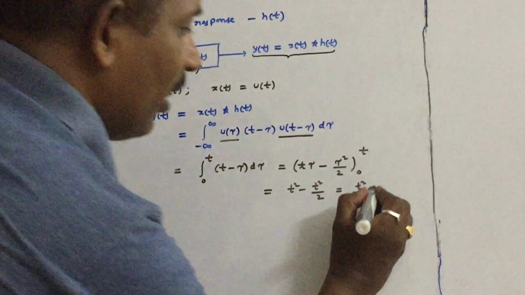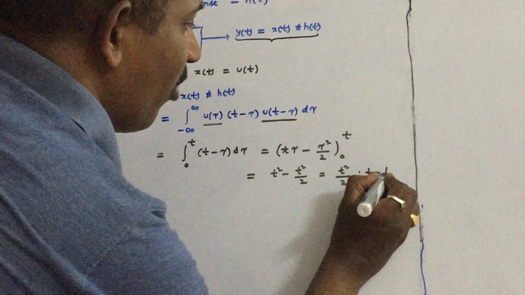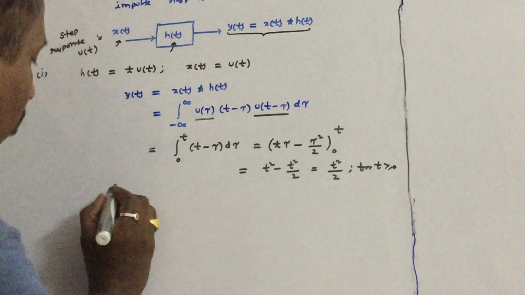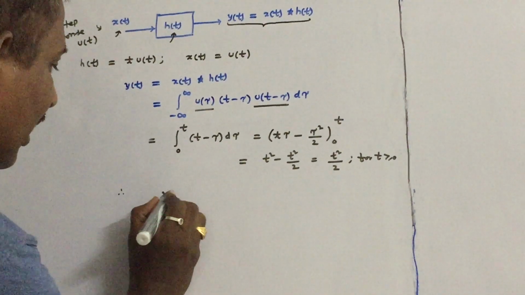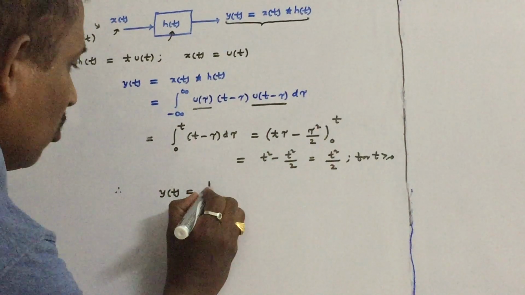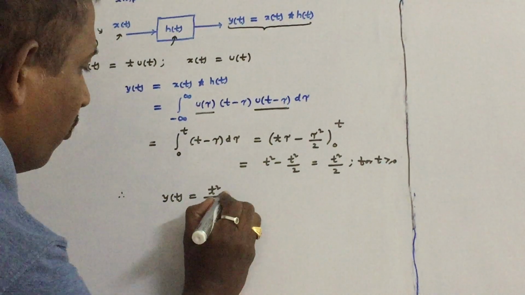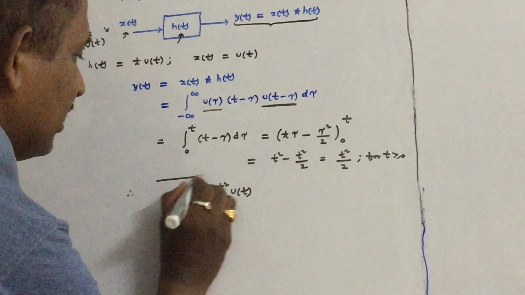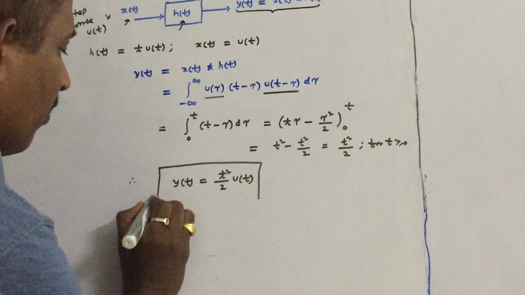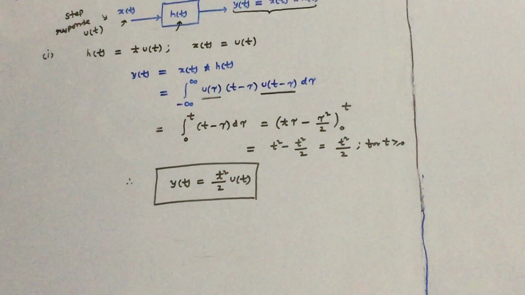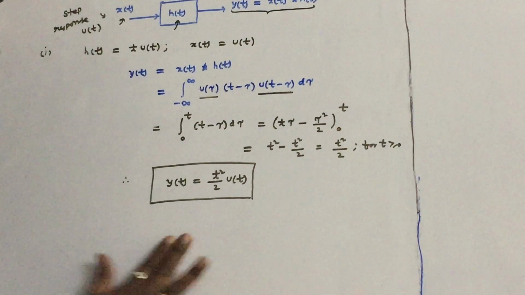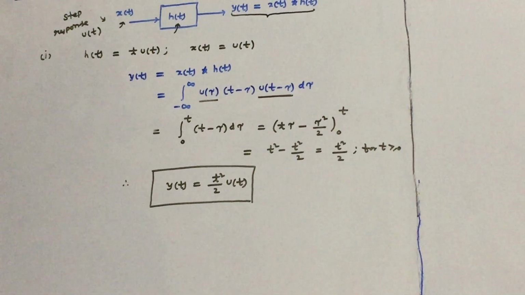Therefore, for t greater than or equal to 0, you have to clearly write y of t is equal to t square by 2 into u of t. This is the step response of the system. Now in this way you can solve the rest of the problems.